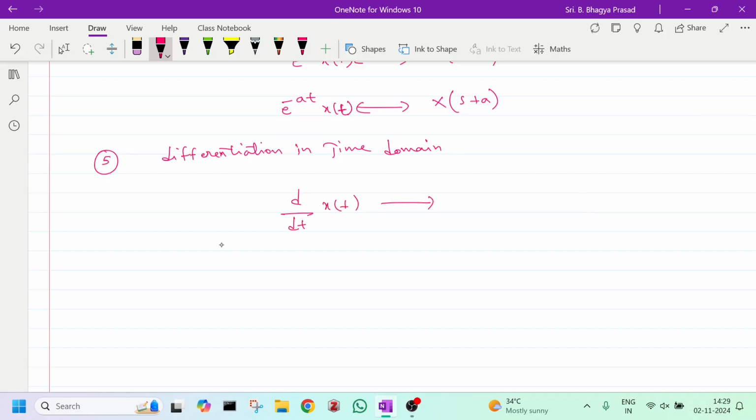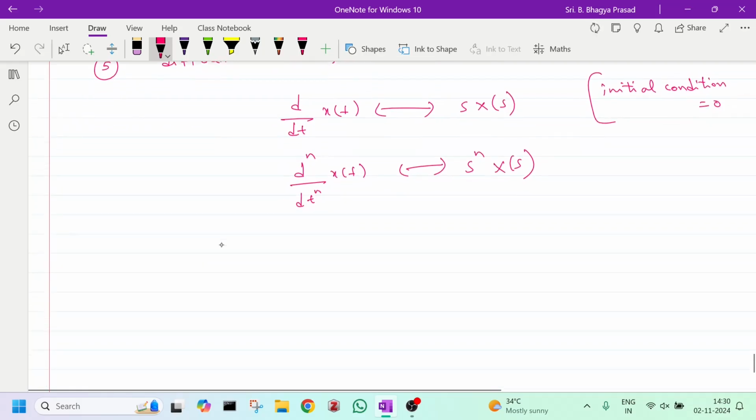The Laplace transform of the derivative of x of t is s into x of s, considering the initial conditions at 0 are 0. And for the nth derivative of x of t, it is simply s power n x of s.